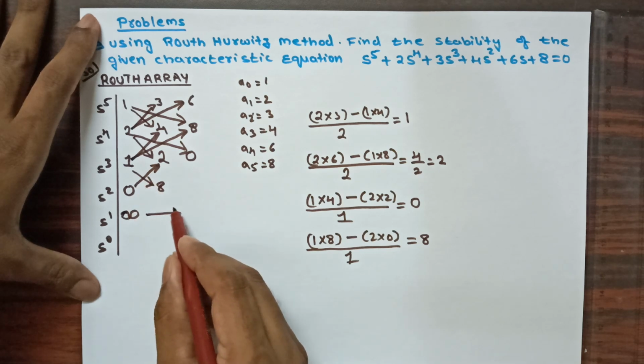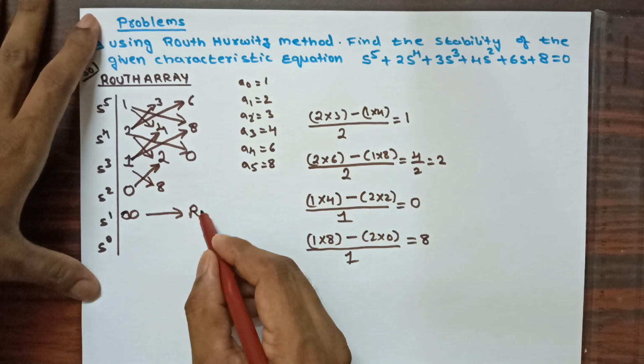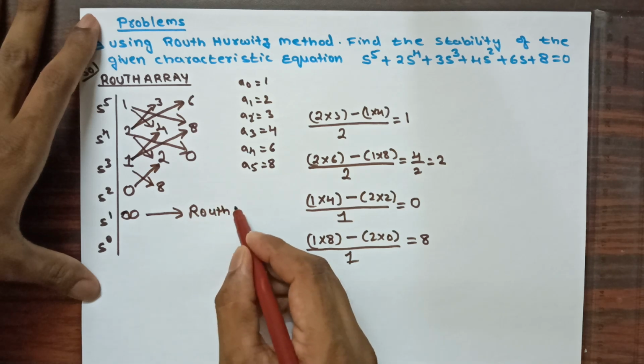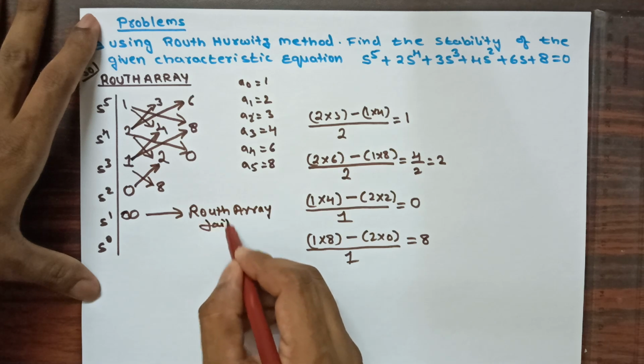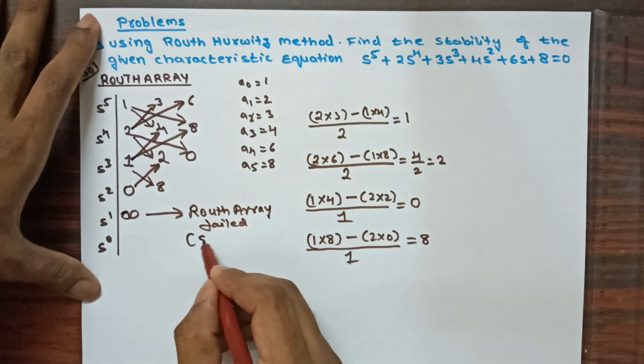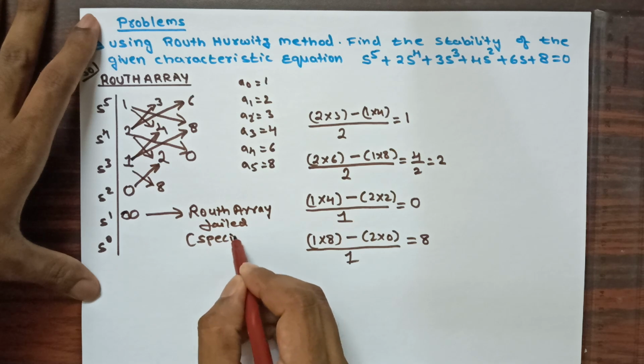In such a case, Routh array fails. Routh array failed. In this we are going to use now special case 1.